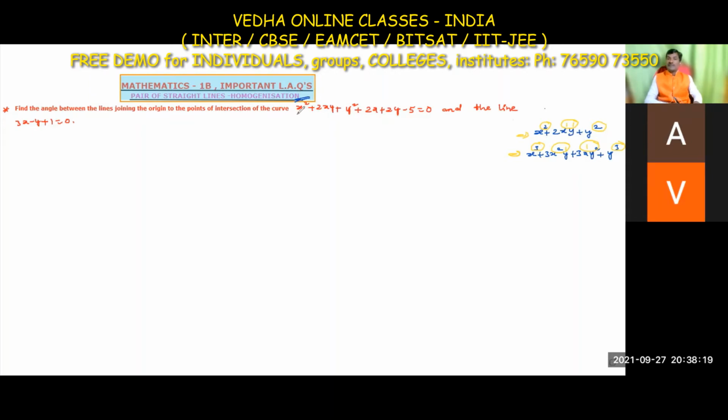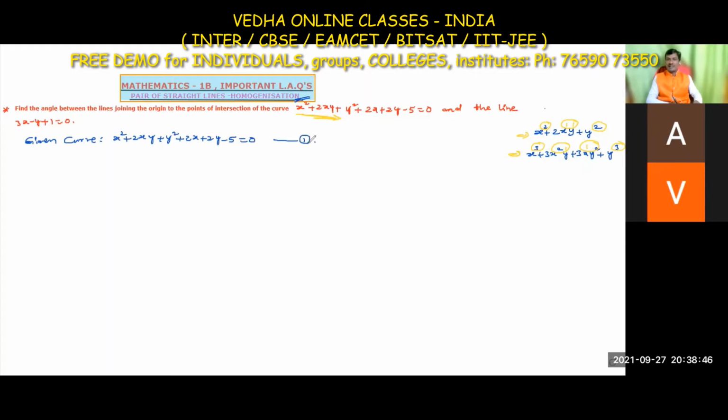Now we are going to homogenize this curve equation. So now I am writing. What is the given curve? The given curve is x square plus 2xy plus y square plus 2x plus 2y minus 5 equal to 0.